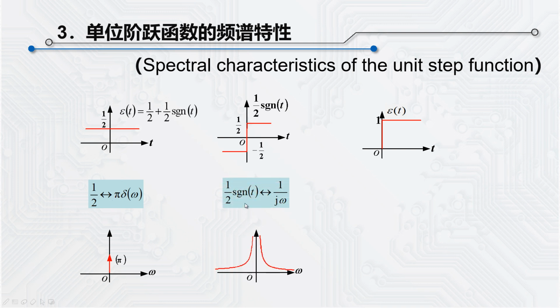The spectrum of sign function is 2 over j omega, so 1 over 2 sgn t gives 1 over j omega. Therefore, the frequency spectrum of unit step signal is shown in Formula 3. Here, you need to know that for unit step function, there is an impulse with intensity pi when omega equals 0.